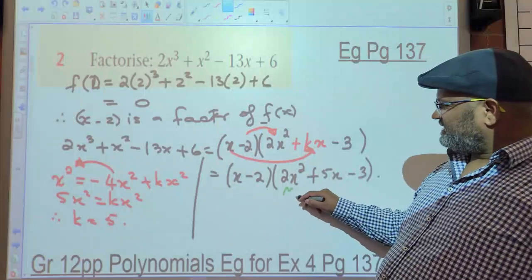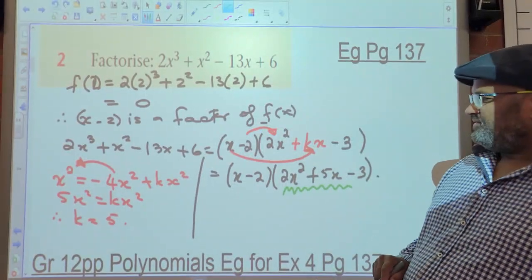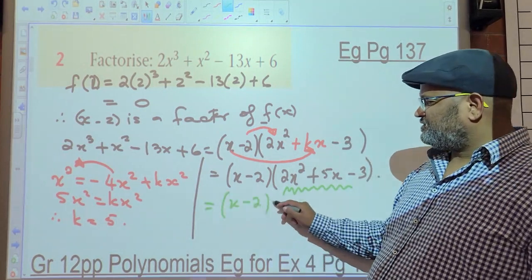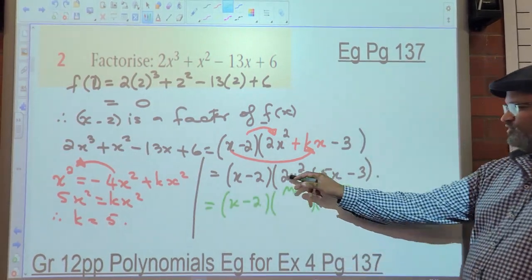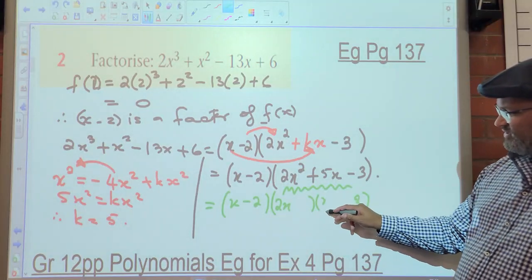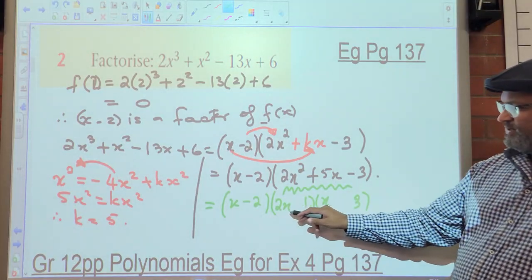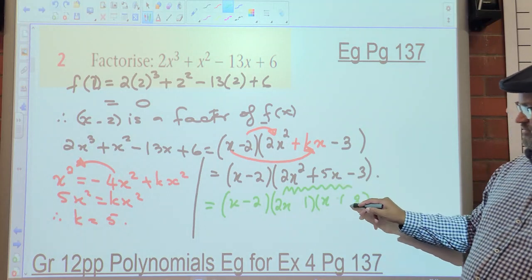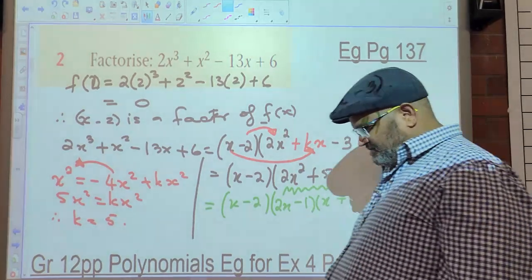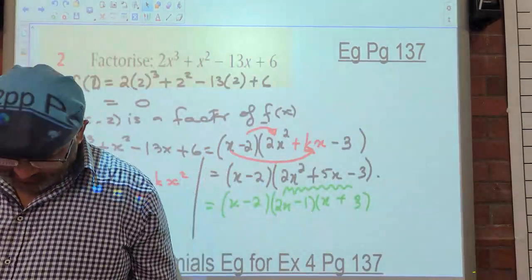We need to factorize this quadratic factor, which now gives us x minus 2. 2 times 3 is 6, so it's 2x times 3 is 6, minus 1 is 5. The bigger product must be positive. Is there any confusion there?